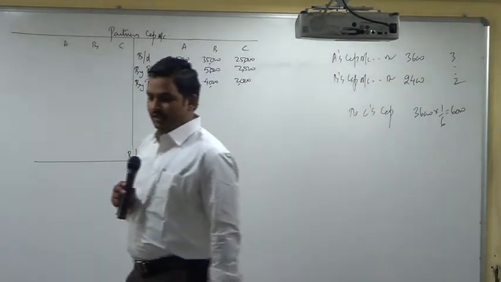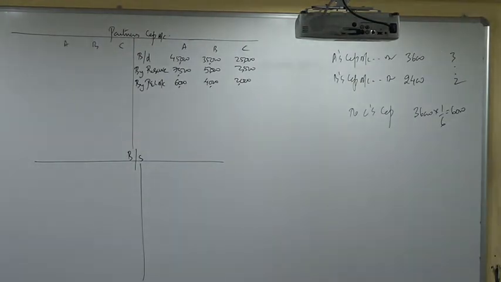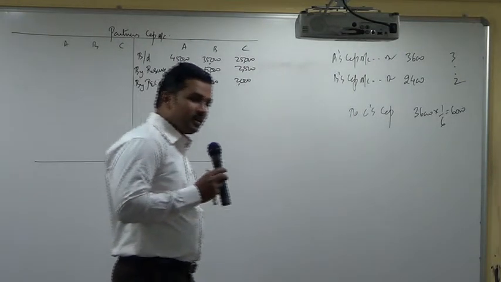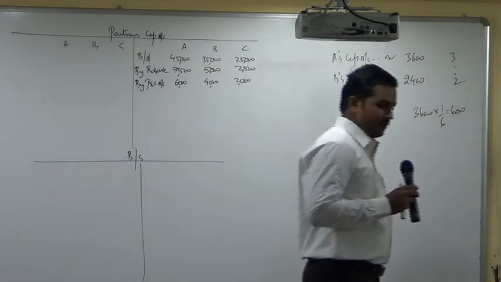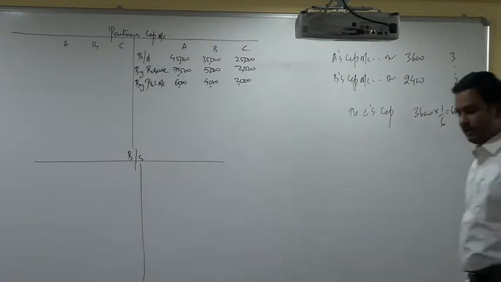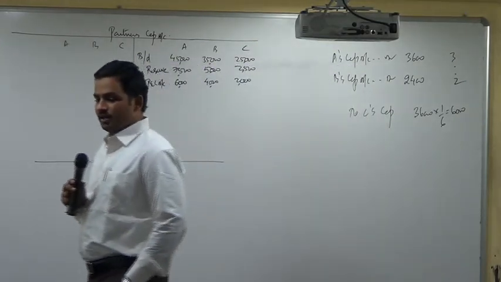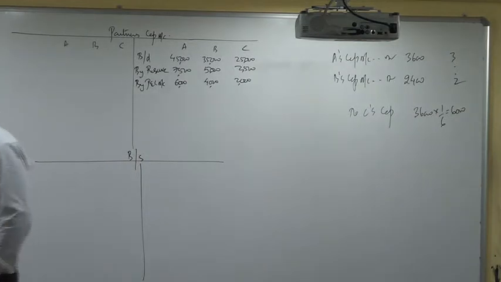Below that you write: when new profit sharing ratio is not given, we assume the old profit sharing ratio between A and B will continue. C's sacrifice is assumed to be shared between A and B in the ratio of 3:2 only.